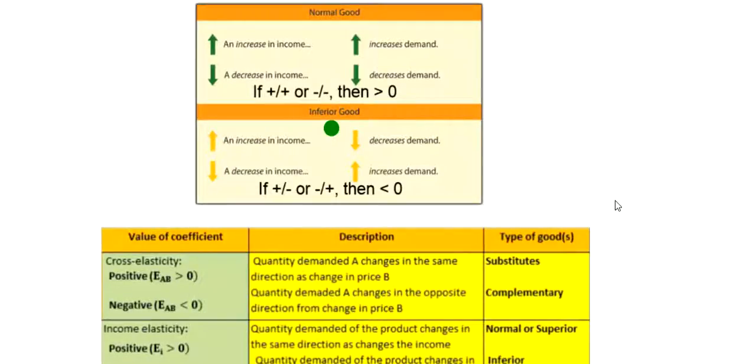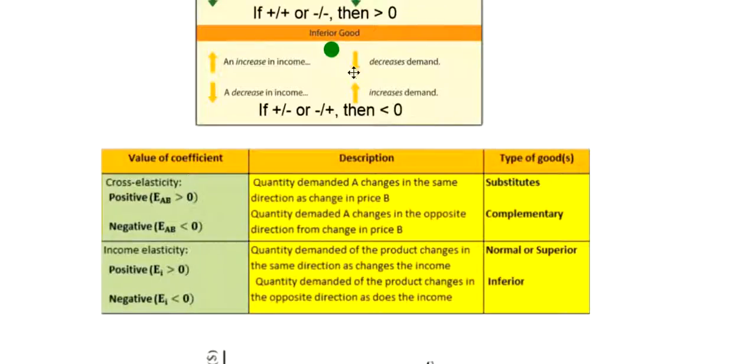Since we know that, I've also got this graph right down here, which basically says the same thing. If it's negative, then they're moving in opposite directions. Not price, but quantity demanded and income are moving in opposite directions.